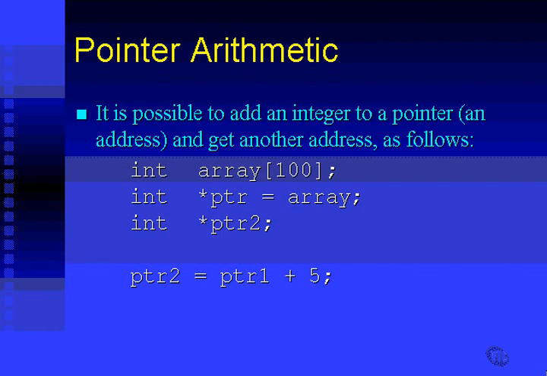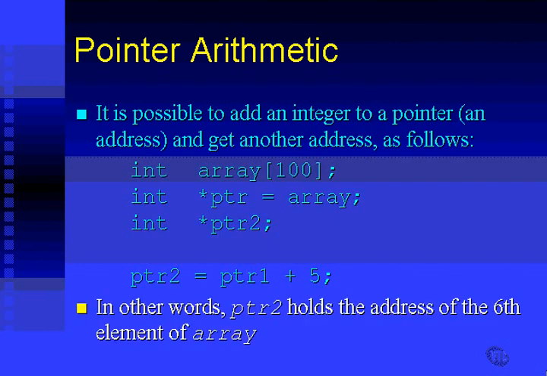In other words, the 6th integer of the array. Not the first or the second or the third or the fourth or the fifth, but the 6th. In other words, in this example, PTR2 holds the address of the 6th element of the array, and PTR1 holds the address of the first element of the array. You can also think of that as PTR plus 0.